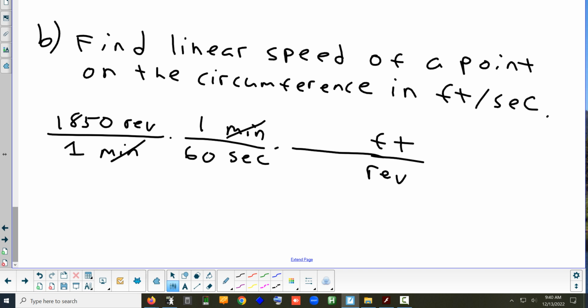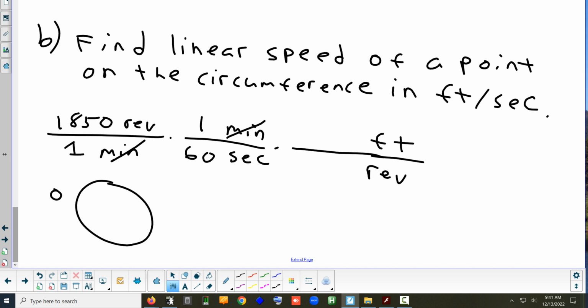How many feet in a revolution? Well, that changes. It depends on the size of the revolution. Is that your revolution? Or is that your revolution? So when you have to convert here, you need to figure this conversion out. Now, if you think about this as a circle, a revolution is really the what of the circle?